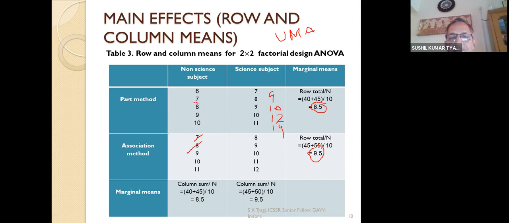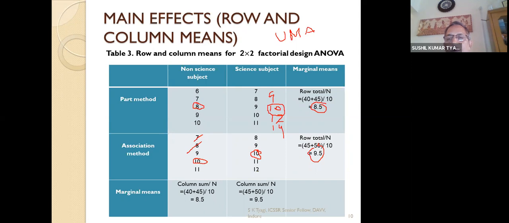This is the mean of this cell, 8. Suppose the mean of this is now 10. Mean of this is 10. Mean of this is again 10. This is 9, 10, 11. Mean is 10. This is 8, 9, 10, 11, 12.